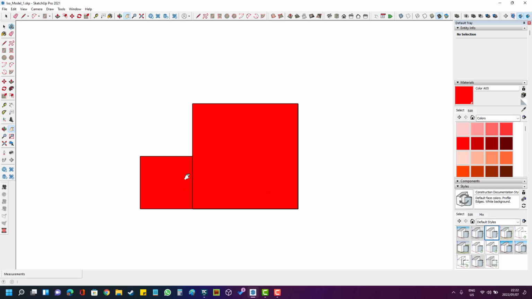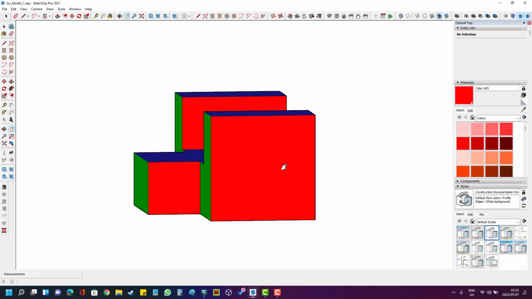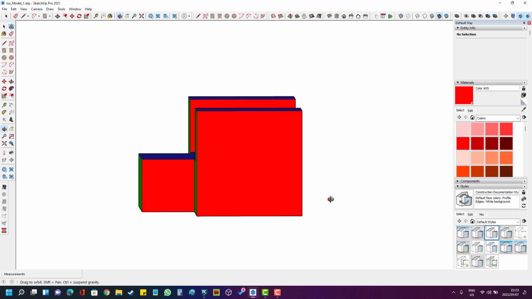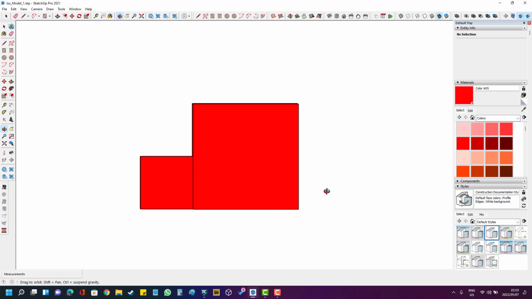Now we will also see that there is a line here that indicates where the depth of the one level, the closest level of the model, is here, and then where we will see the second layer of the depth of the model when looking at it from right to left, and that would be this part here. And because there is a depth difference, we will see this line.